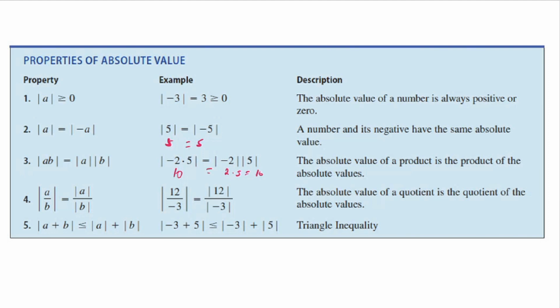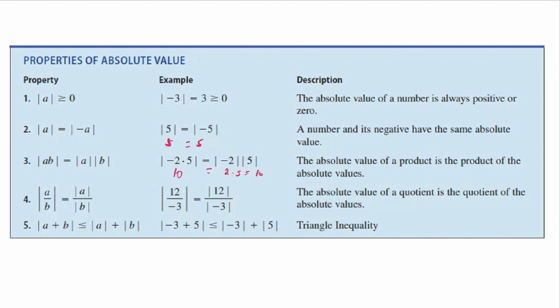And number 4, we have the absolute value of a quotient is the quotient of the absolute values. So this is what I'm trying to say. The absolute value of A over B is equal to the absolute value of A over the absolute value of B. For example, the absolute value of 12 over negative 3 is equal to the absolute value of 12 over the absolute value of negative 3.